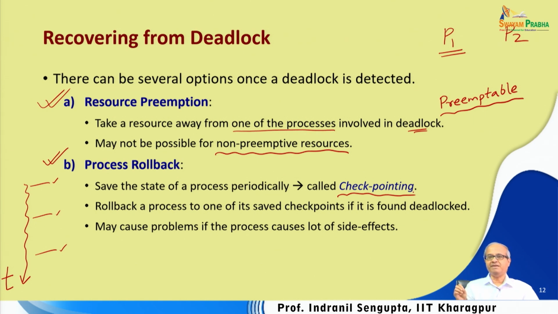And if we find that the process has been involved in a deadlock at some point in time in the future, what do you do? We roll back the process to one of the latest checkpoints. For example, somewhere here we identify that the process is involved in deadlock. So, we roll back the process to the nearest checkpoint.